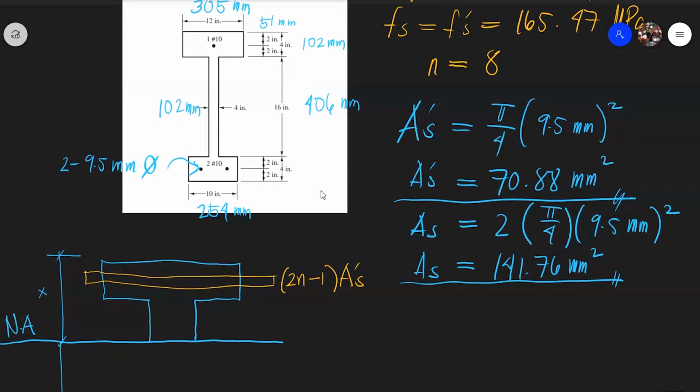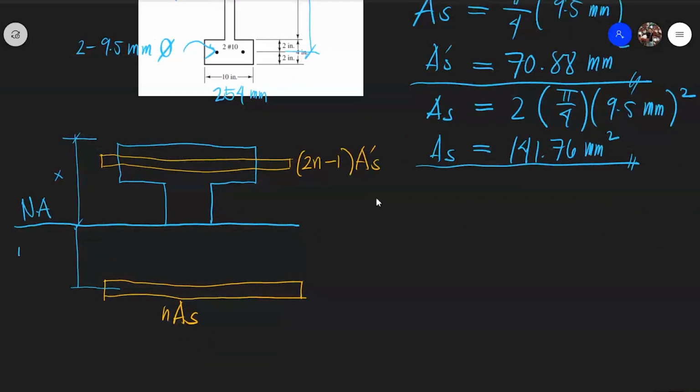So that would be 102 plus 406 plus 51, that is 559. So your effective depth is 559.